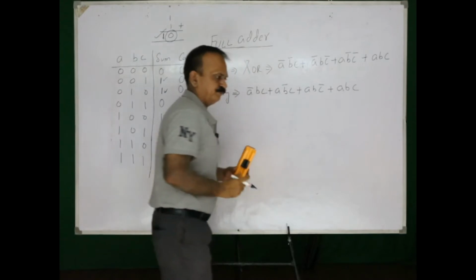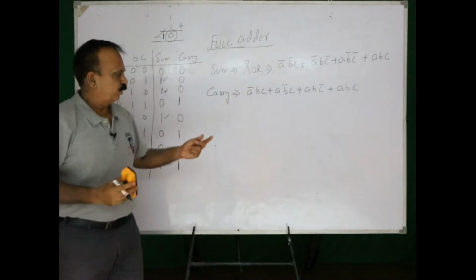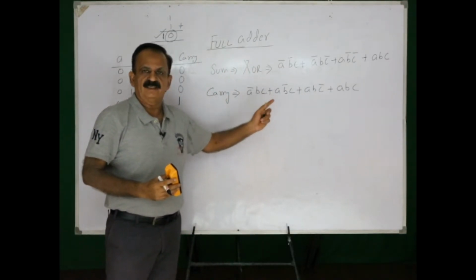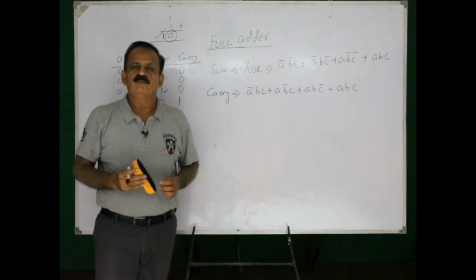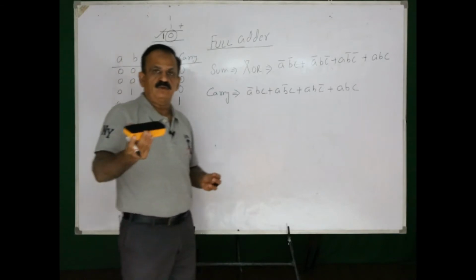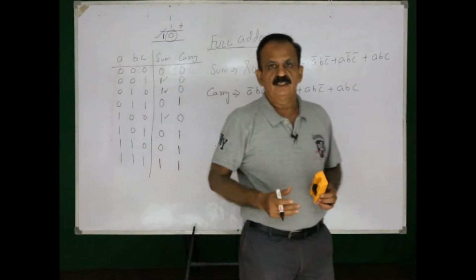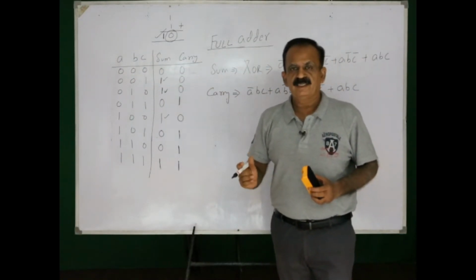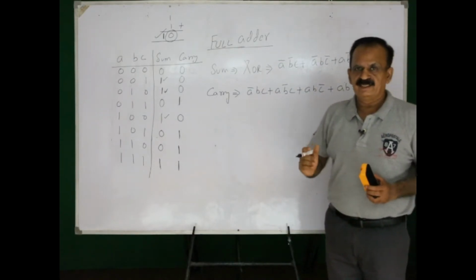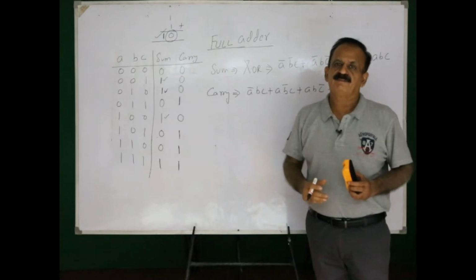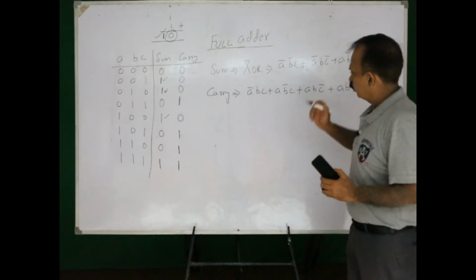We can design a circuit for this expression, but we will be solving this expression by using Boolean algebra. Even we can solve it by K-maps. So, Boolean algebra or K-maps can be used to simplify this expression so that the circuit will be a simplified circuit. Now, how to solve it?